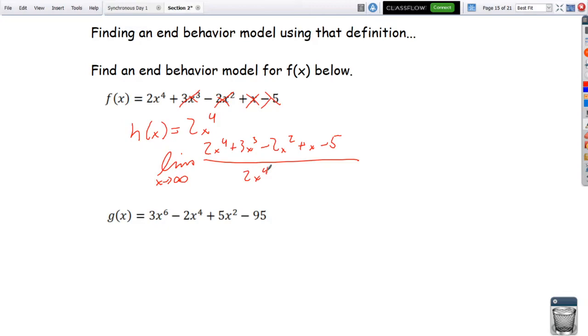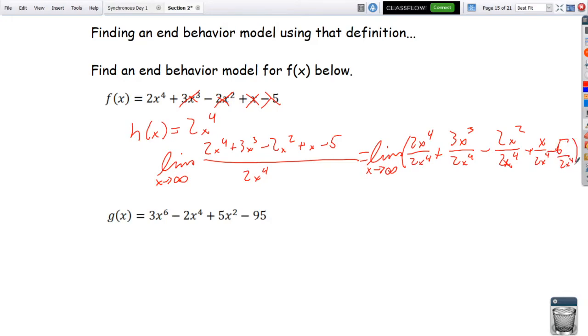All right? So when I look at this, I can split this up into 1, 2, 3, 4, 5 different fractions. It's going to end up being the limit as x approaches infinity of 2x to the fourth over 2x to the fourth plus 3x cubed over 2x to the fourth minus 2x squared over 2x to the fourth plus x over 2x to the fourth minus 5 over 2x to the fourth.